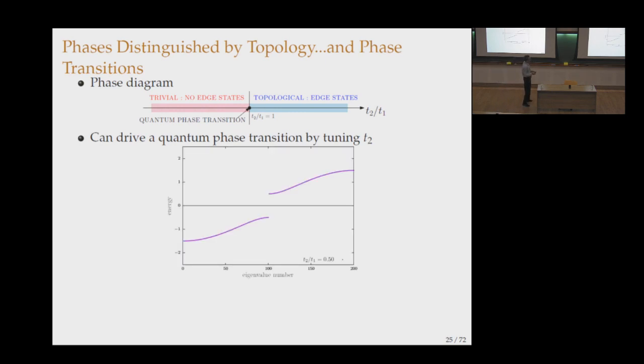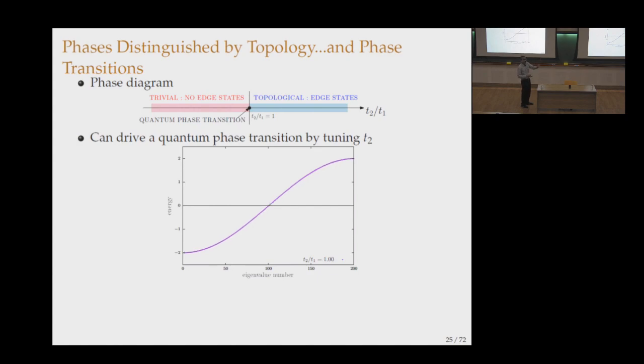So here's what I'm going to do. I'm going to start with T2 by T1 less than 1. So I'm looking at the spectrum of a chain, and you see I'm sort of changing it. See, it's so easy to do tuning experiments as a theorist. All you have to do is to just click this, right? Okay, so you see the gap is closing because the magnitude of the gap is the modulus of T2 minus T1.